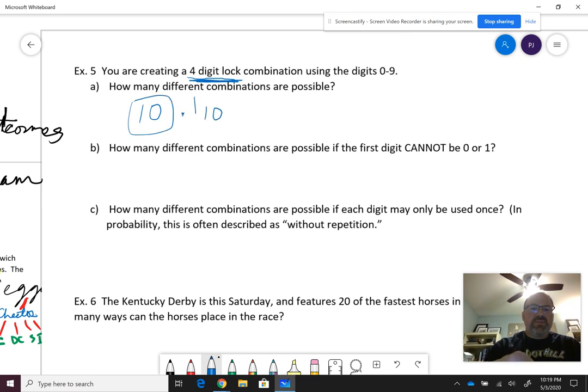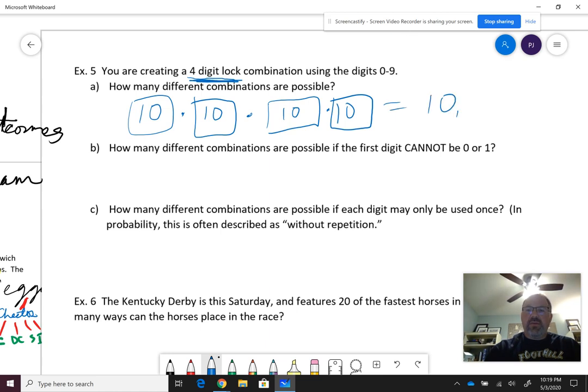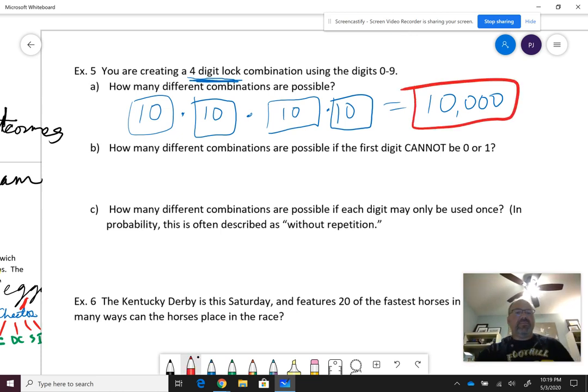Well, the next one has 10 possible choices. The next digit has 10 possible choices. And then the third one has 10 possible choices as well. If I multiply all that together, we end up with 10,000.